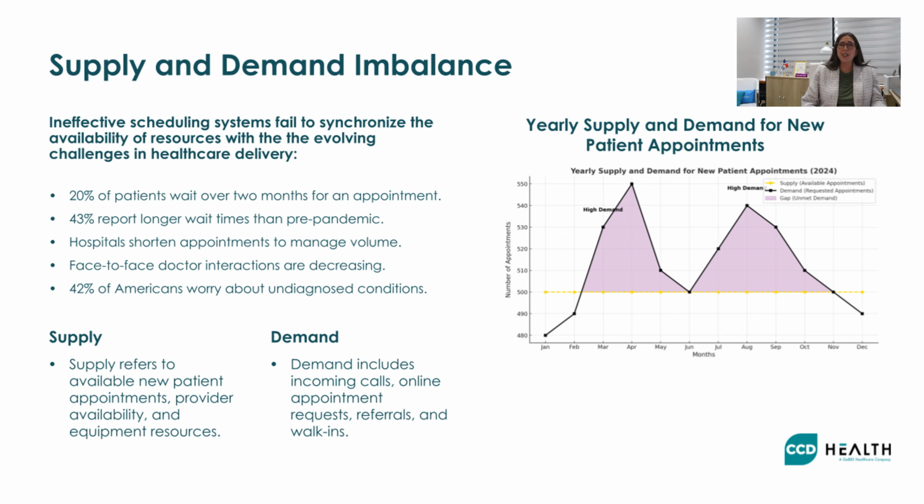Insurance deductibles reset around this time frame also, which increases the demand. When we look at some of the imbalances with July and August, we can assume that part of these have to do with back to school sessions, back to school physicals, any type of summer related healthcare activity that's also needed.